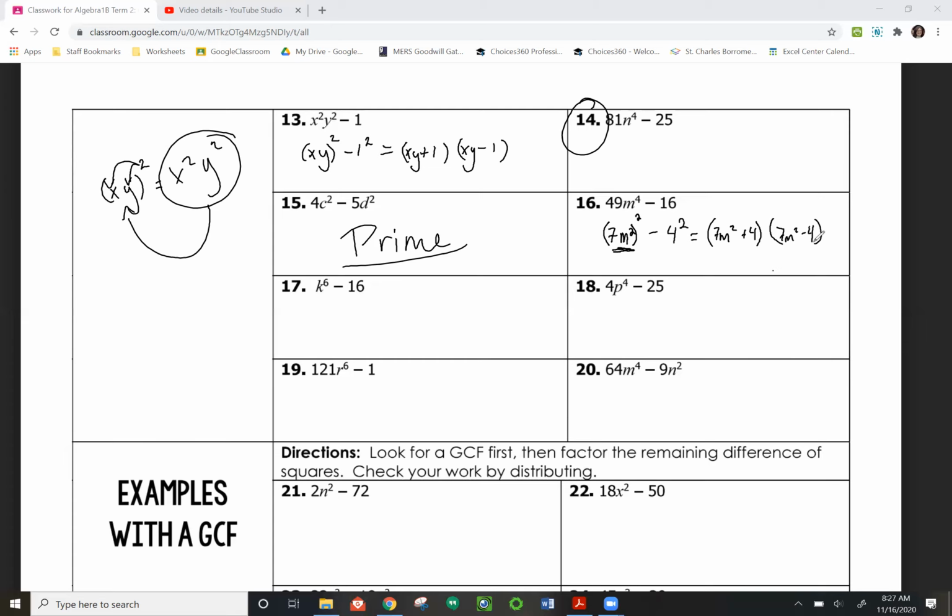When you have a power to a power, you multiply them together. So k to the 6th could also be written as k to the 3rd, raised to the 2nd. So now your base is k to the 3rd, minus 4 squared again. So my first term is k cubed plus 4, and then k cubed minus 4.